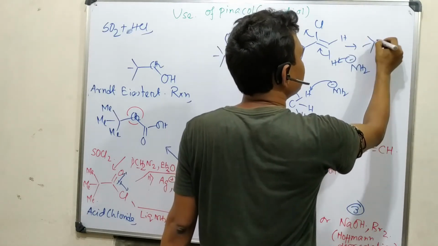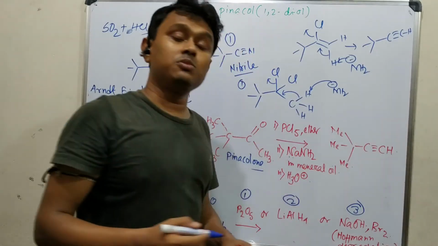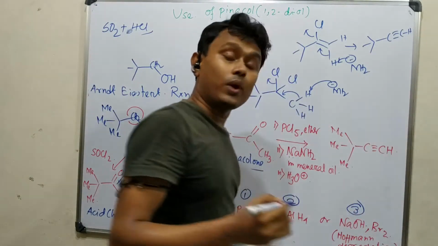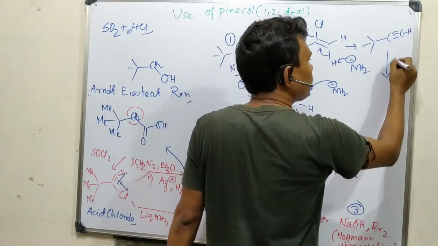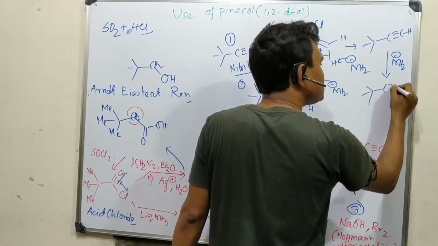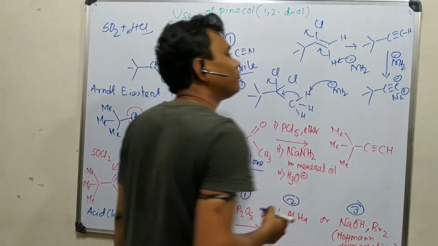So now what happens? It produces this CH. But one thing remember, never make the mistake: this acetylenic CH is more acidic. That's why under this reaction condition, it will undergo further deprotonation to produce this C minus Na plus, the sodium salt of this acetylide.